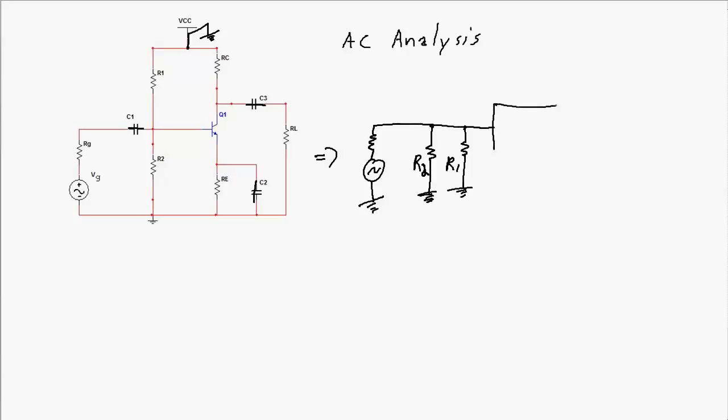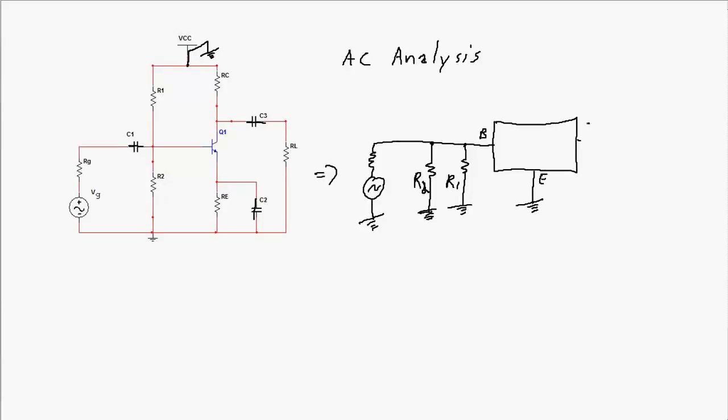I'm going to draw it as a box for the moment. Goes into my transistor at the base. Over here at the emitter, I've shorted the RE. So the emitter is just connected straight to ground from the AC point of view.